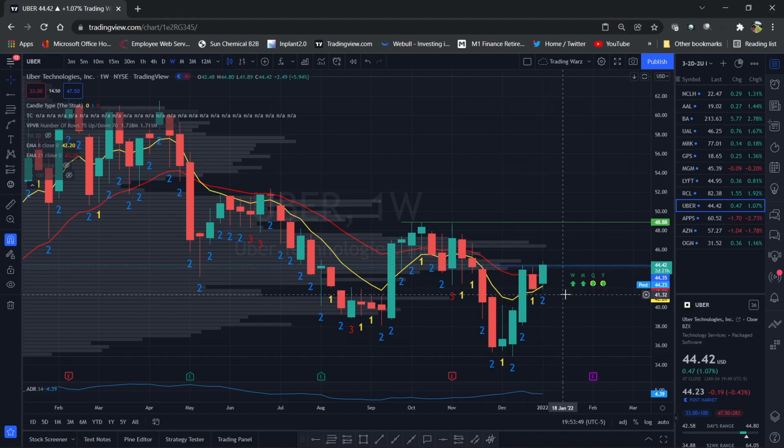It's almost exactly where my entry is, off of that inside bar, and it's looking pretty good on the weekly. It's above the EMAs. Might see a little resistance here around that 46.37, 46.50 area. And then my target is 48.88, is what I was looking at.